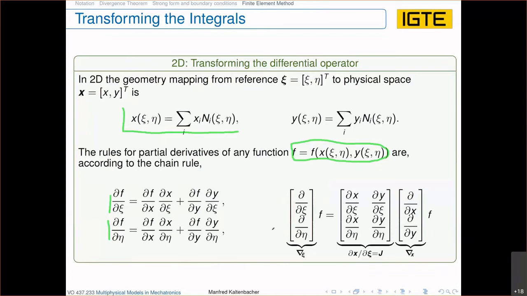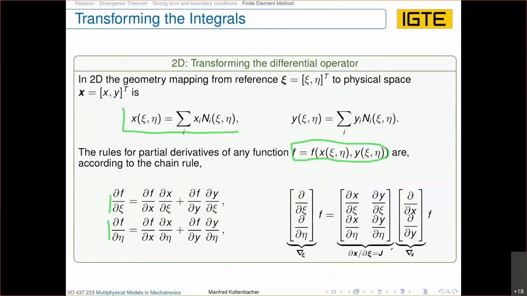And if we look on the right hand side here, we can now write it as follows. In a vector, the partial derivative with respect to psi and eta operating on our function f, and make this 2 by 2 matrix where we have the partial derivative of x and y with respect to psi and eta, scaled by the derivative of this function with respect to the global coordinates x and y.